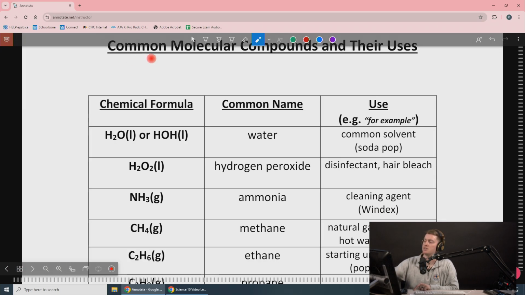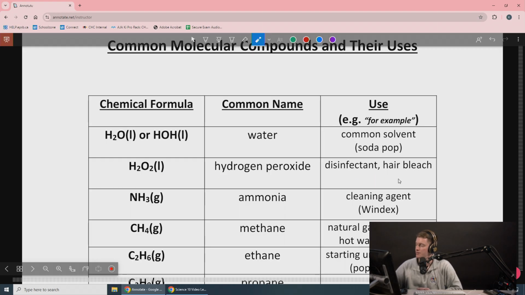We have a table of common molecular compounds and their uses. Some of these are important for you to remember. You should know that water is not pronounced dihydrogen monoxide or just hydrogen oxide because it's a hydrogen compound, but just water. H2O2 is a common disinfectant.